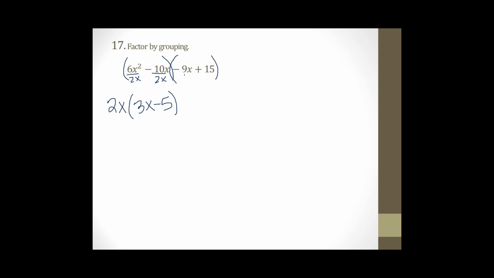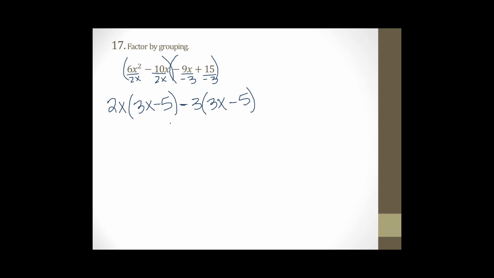So I need to get a positive 3x in parentheses. I'm going to factor out not just a 3, but a negative 3. So that when I factor it out, I'll get that positive 3x that I need and that minus 5 that I need.